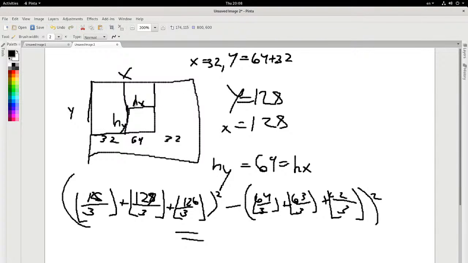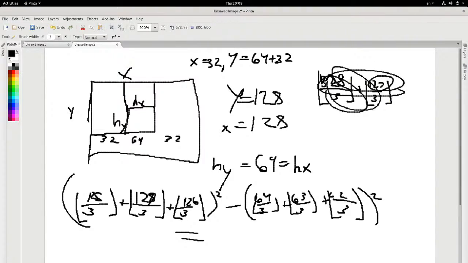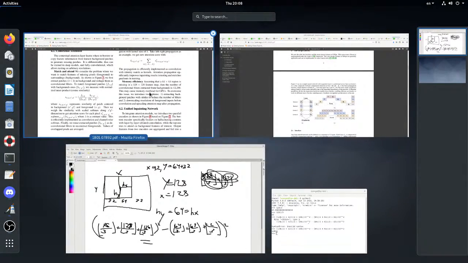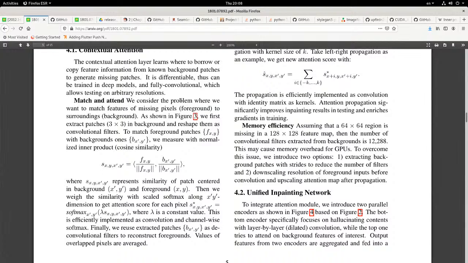Are there a lot on the border or something? 128 over 3, or I'll just do 32 over 3. You know what? I'm just going to assume that I understand it and move on, because I have no idea what's going on.